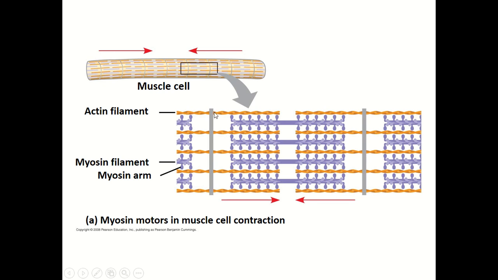As you can see here, this is the actin filament, and there is also a thick filament here that has a myosin head that will attach to the actin filament, thus producing movement.